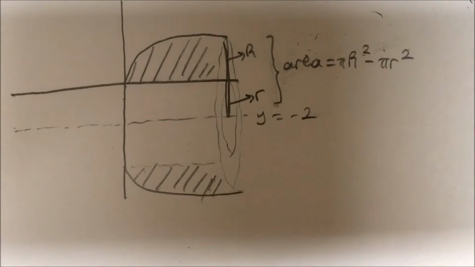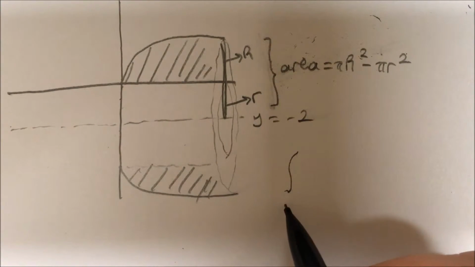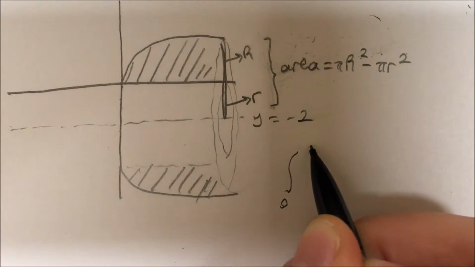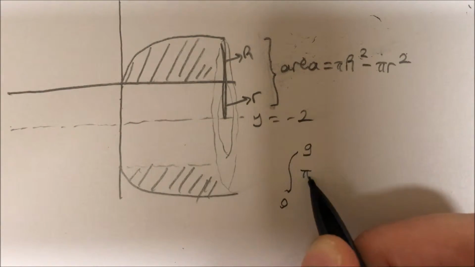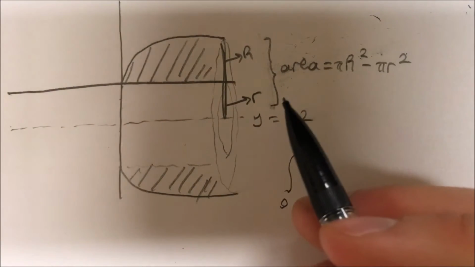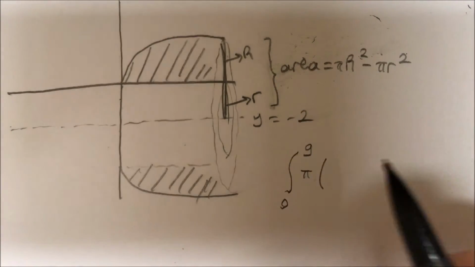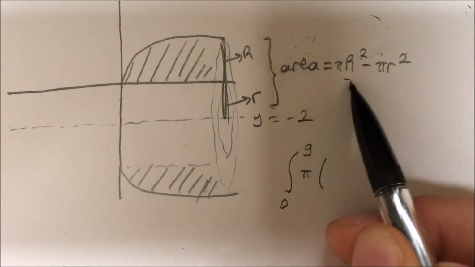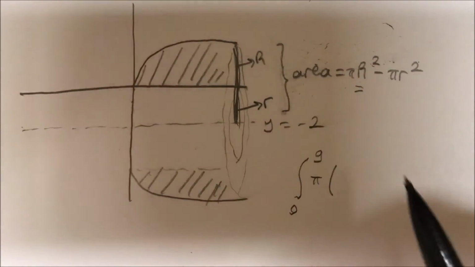So that is the area that we need to integrate from 0 to 9, because again we are in the same boundaries on the x-axis. So we write the integral, and then we put a parenthesis, and then we write pi big R squared minus pi small r squared by identifying first what those radii are equal to.